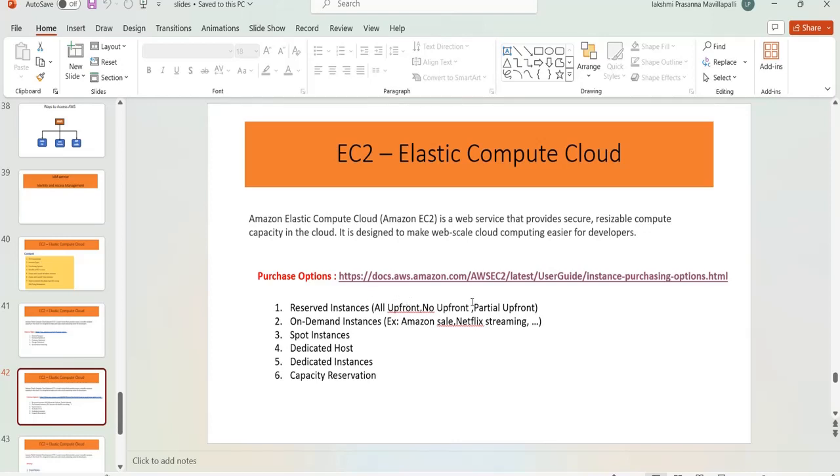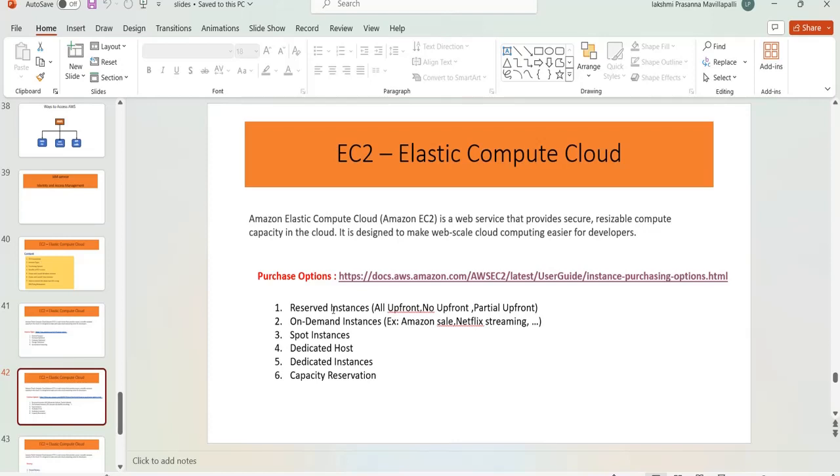There are three different options in reserved instances also to pay the money. Just like we discussed earlier, to buy a laptop, we can provide complete cash directly to the vendor, or you can pay some advance amount and the remaining via EMI. There are three options. First, all upfront. You decided you need 10 instances for 1 year.